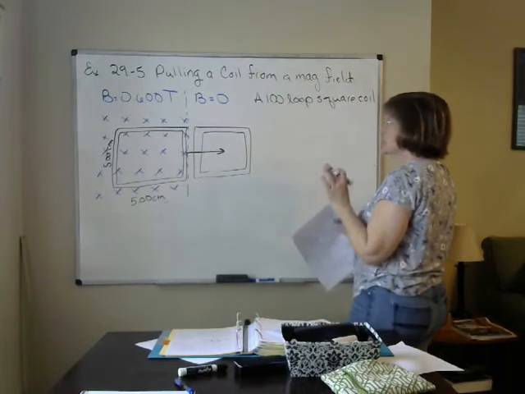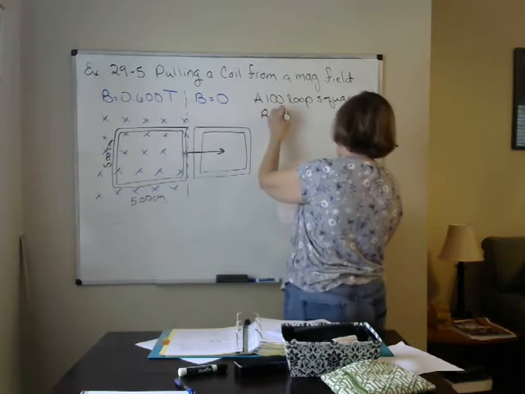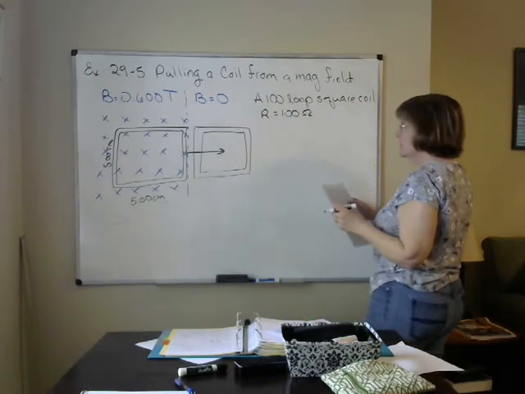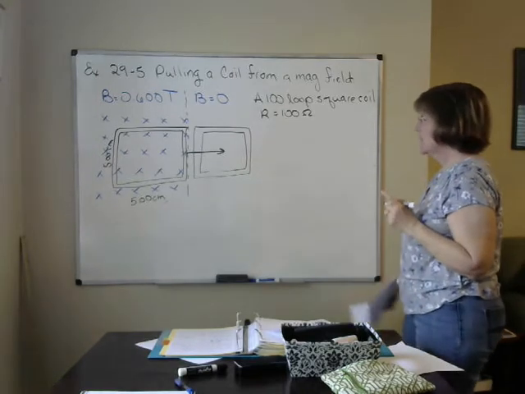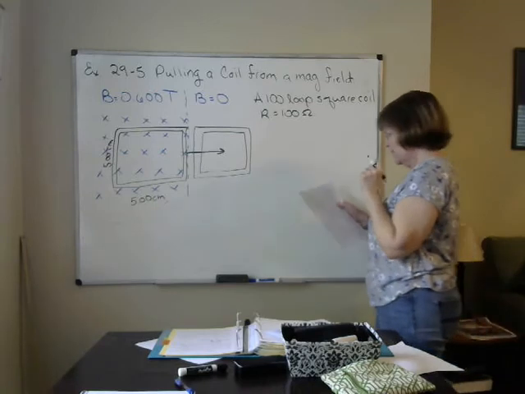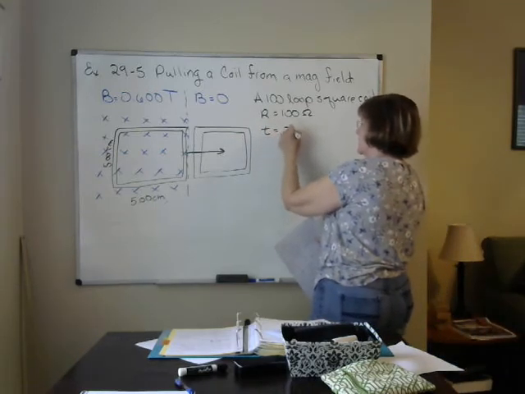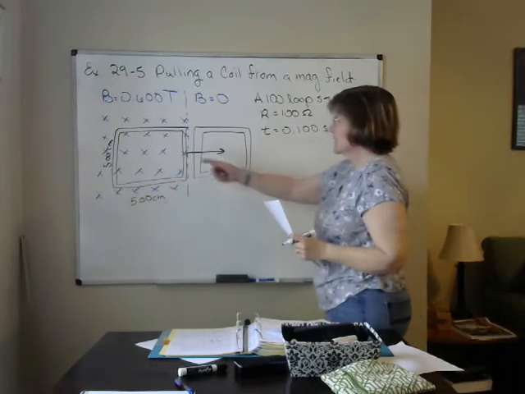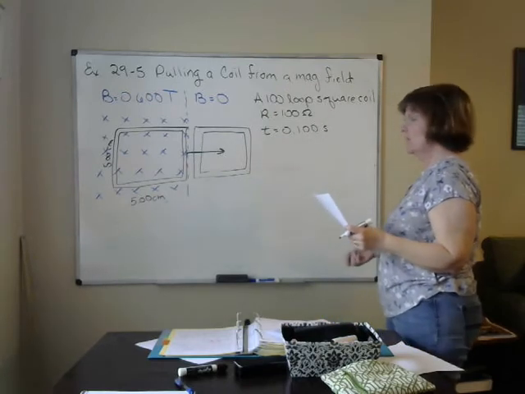The resistance of this coil is 100 ohms. We're going to need that later. The loop is pulled out of the magnetic field at a constant speed in a time of 0.1 seconds. So I started the clock at 0 and pulled it, and in 0.1 seconds all of the loop was out.